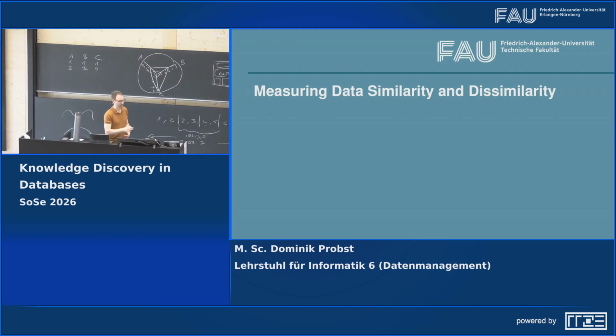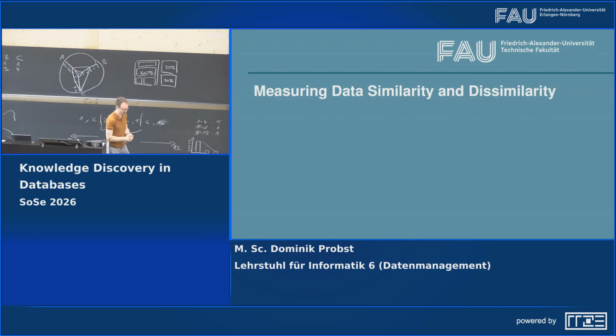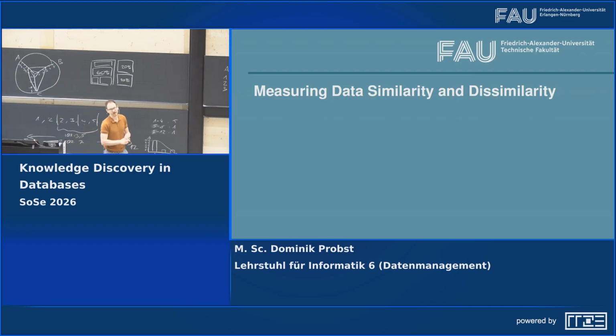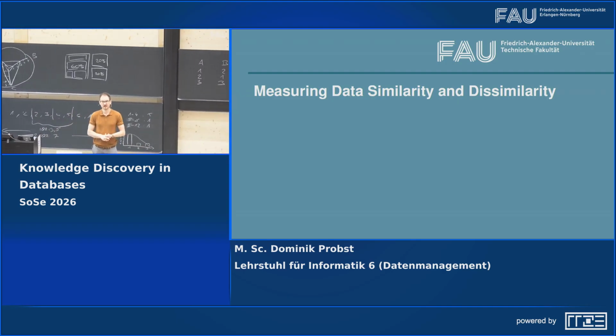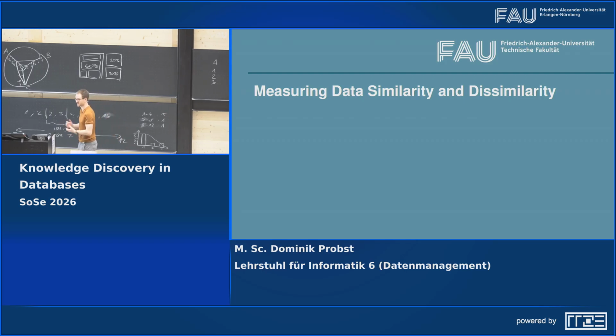The last thing for the data lecture is data similarity and dissimilarity. And that's a very important thing, because we are using data similarity and dissimilarity a lot in the real methods. For example, clustering is based on similarity.